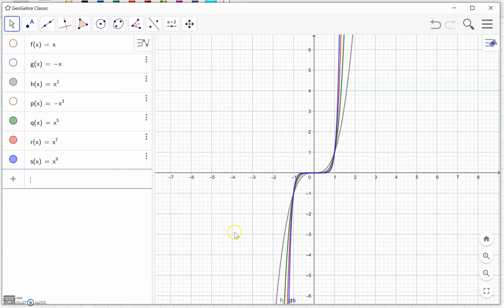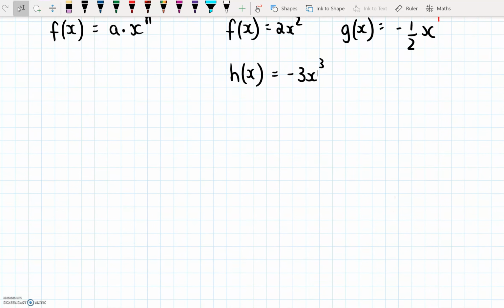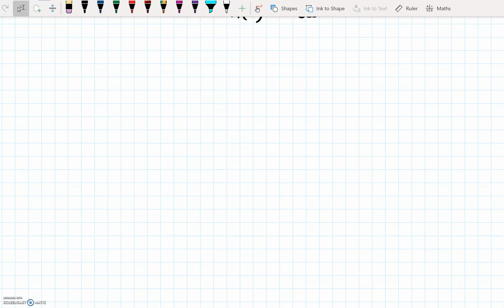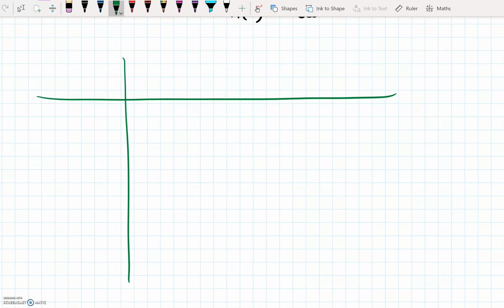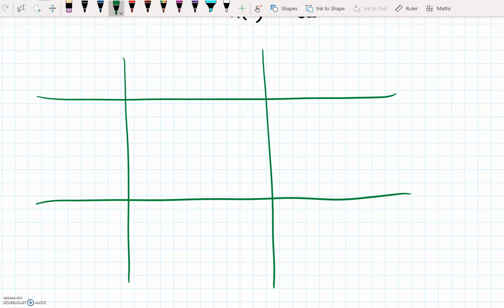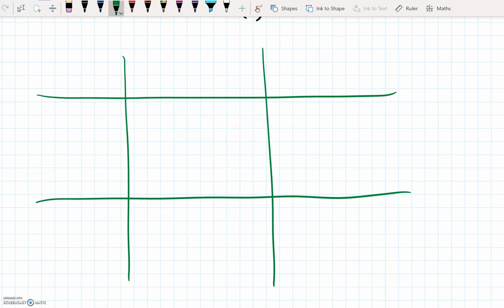Okay, so back to our notes because we need to make some notes about this. What I want you guys to be able to get is that we get a lovely table here. Okay, and our table is going to look like this, so that we can take a closer look. I want you to be able to understand this summary.